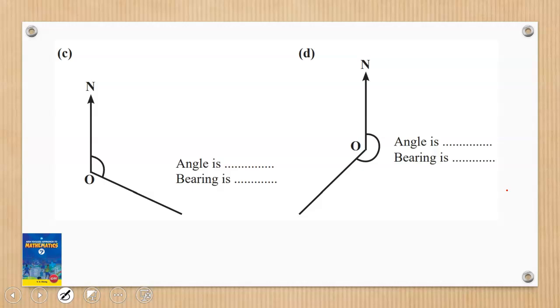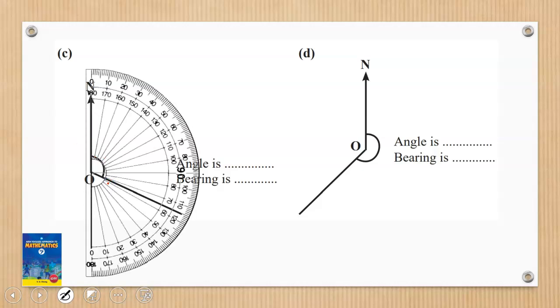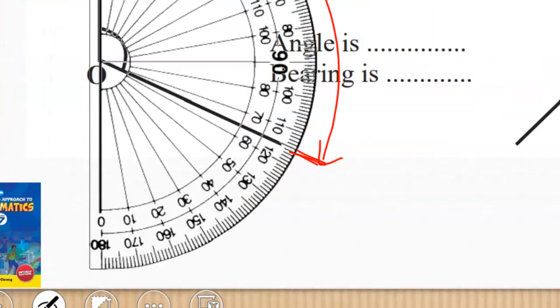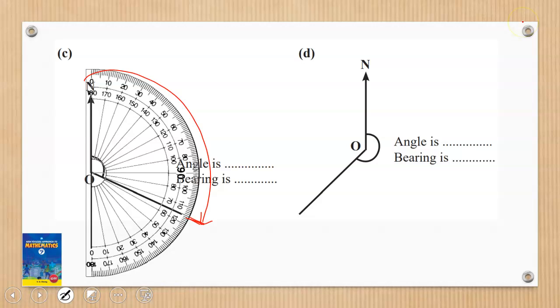We want to know the angle for this one, and again we can measure, and when we measure, we can have our angle taken from this direction up to that point, and that point we are going to have as 115, right? Approximately 115. But then our bearing also remains 115 because it must be in 3 digits.